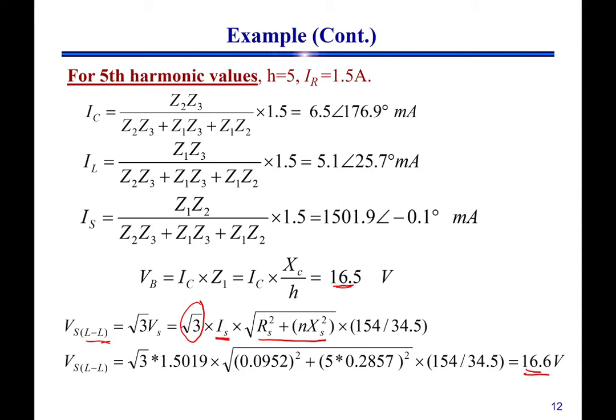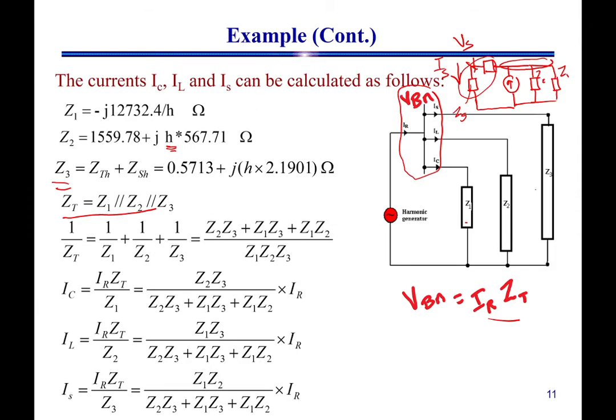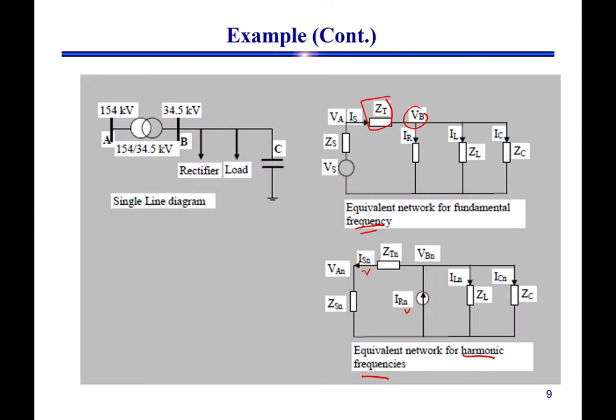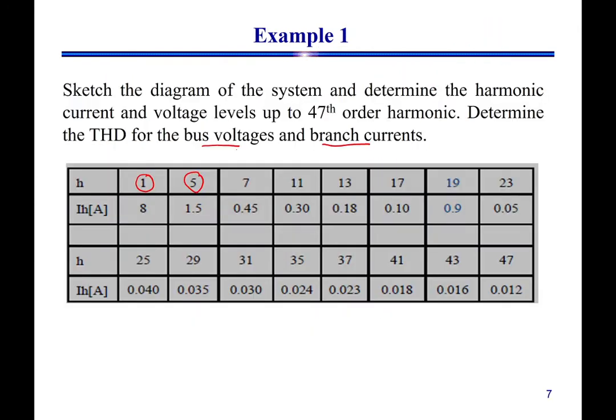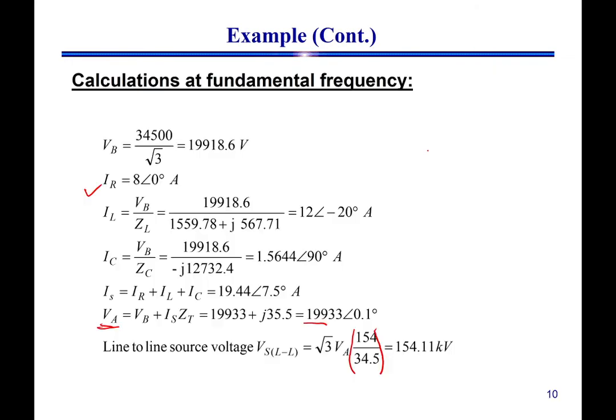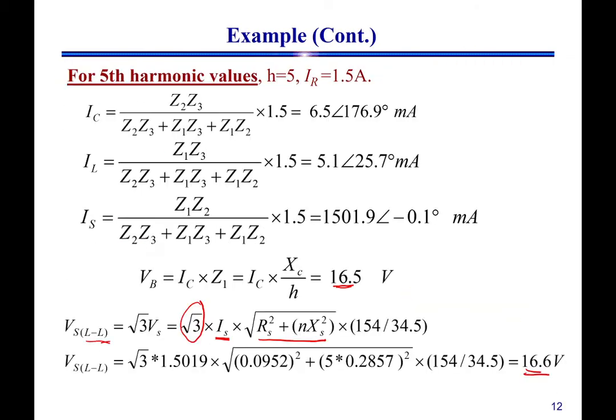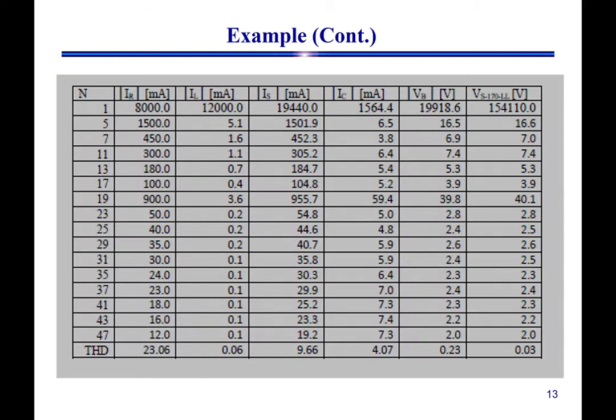Of course, we have to do the same thing for the rest of the harmonics, so we need to do the same calculation at the 7th, 11th, 13th, and so on. And if we do the calculation, this is what we will obtain.